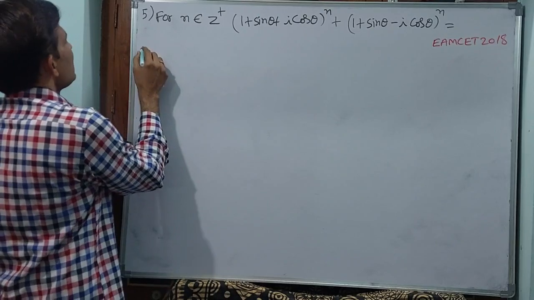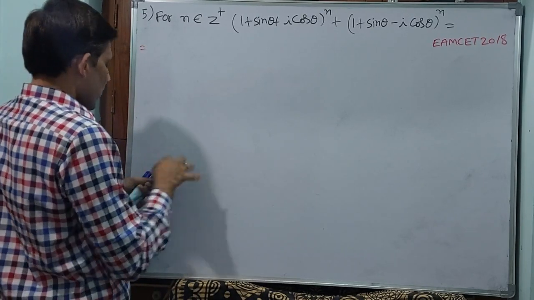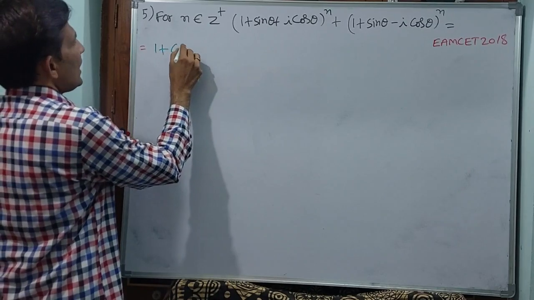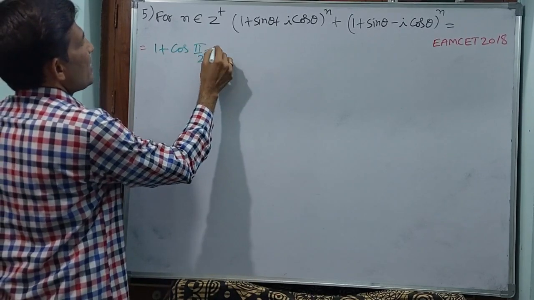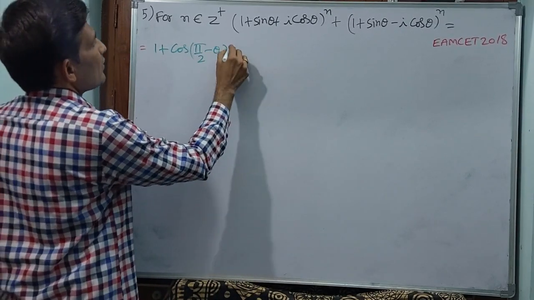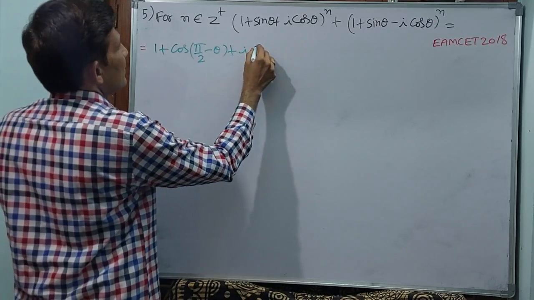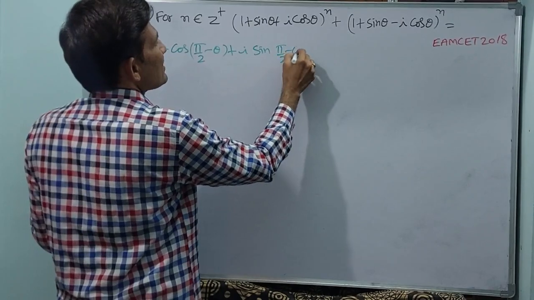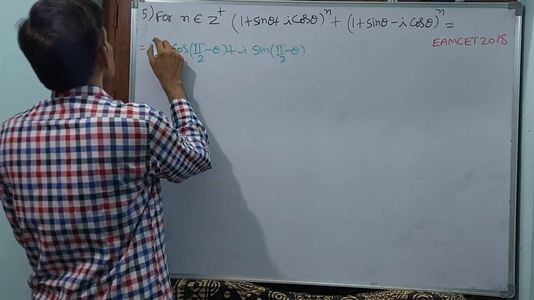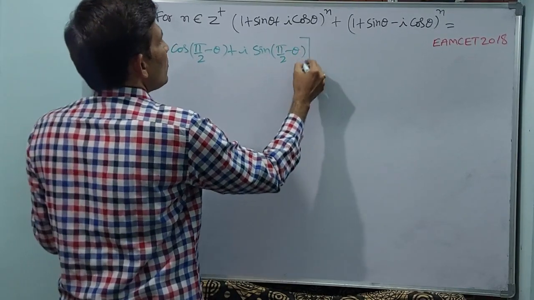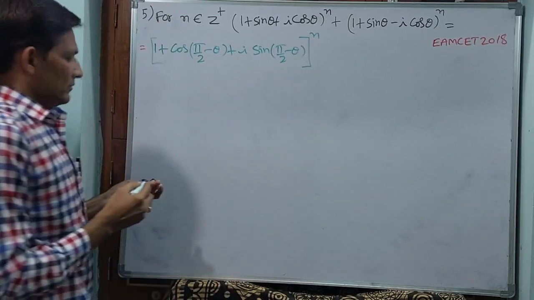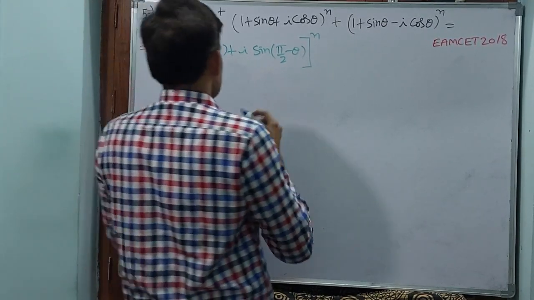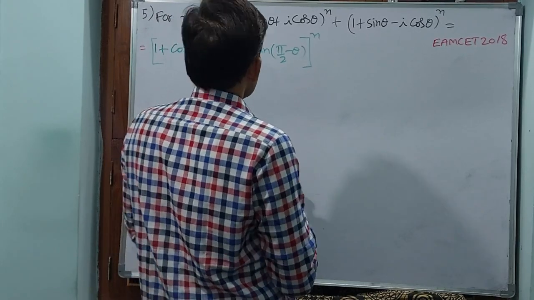See what I am writing, that is equal to (1 plus cos(90 minus theta) plus i sin(90 minus theta)) whole to the power of n. Is it okay? But you have to write both.